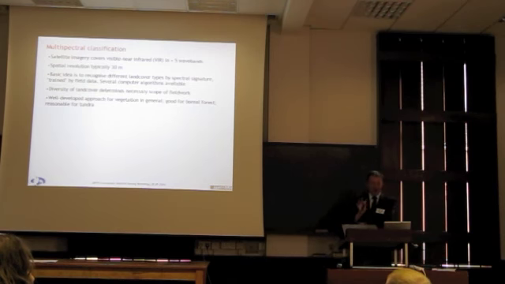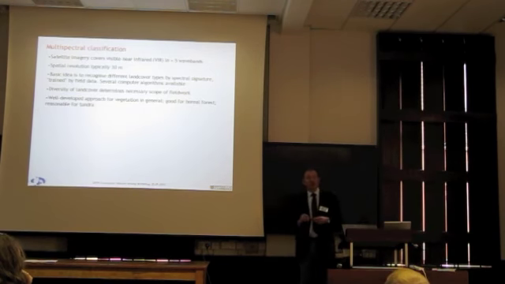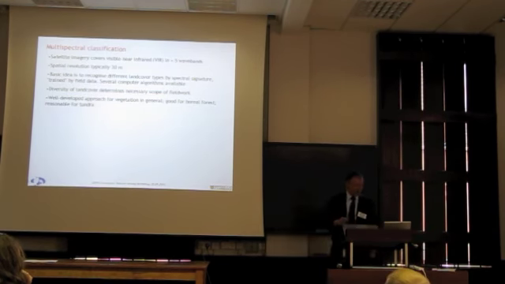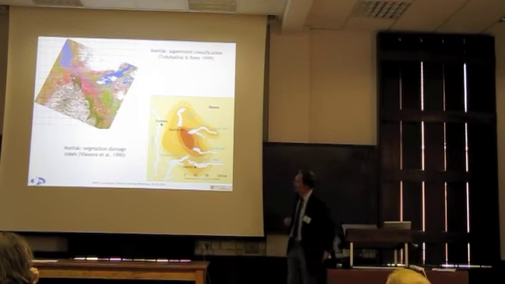For vegetation mapping, it's well understood. It's good for boreal forest, or better, let's say. It's reasonable for tundra. Not as much work has been done on classification of tundra vegetation as for forest vegetation or lower latitude vegetation. Here's an old example.